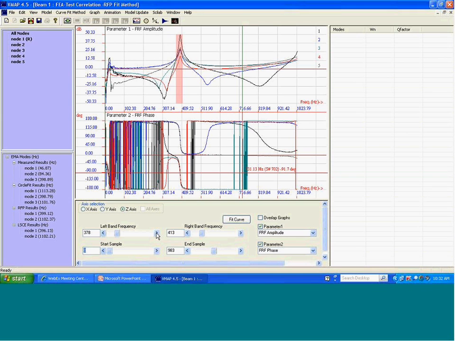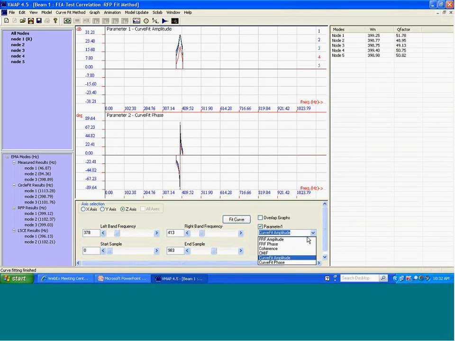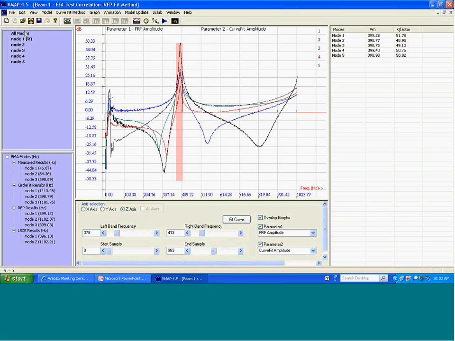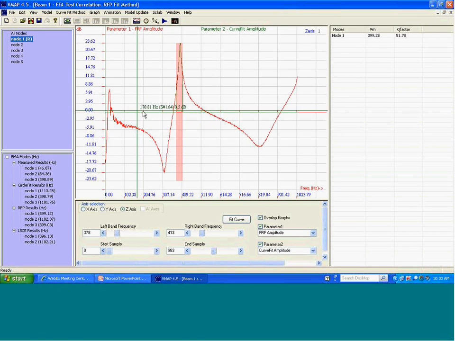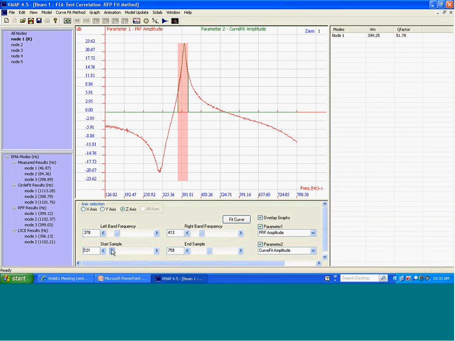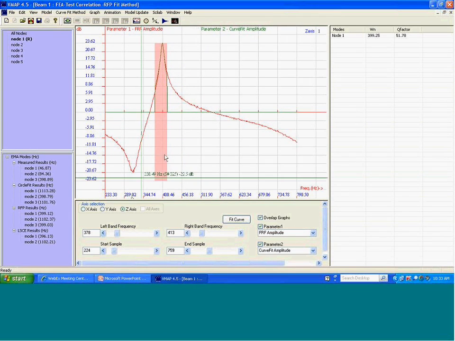I'm using rational fraction polynomial curve fitting to calculate the resonance frequencies, damping and mode shapes for the first resonant mode. The plot in red is measured data, and the plot in green is what you get after curve fitting. This gives the resonance frequency and Q factor for the first mode.